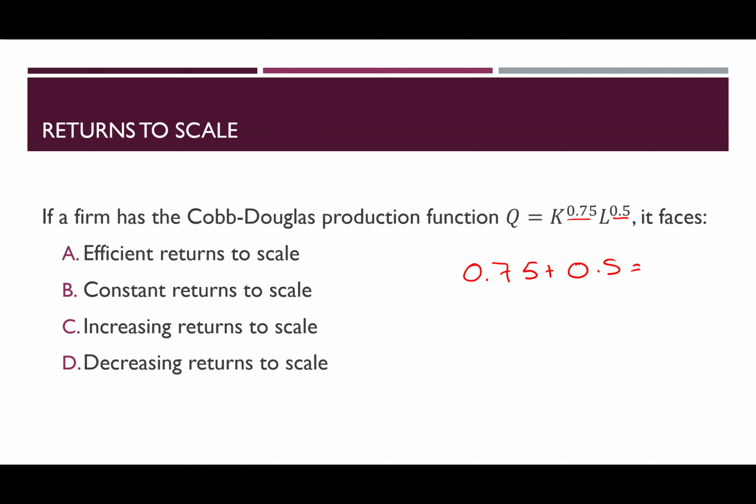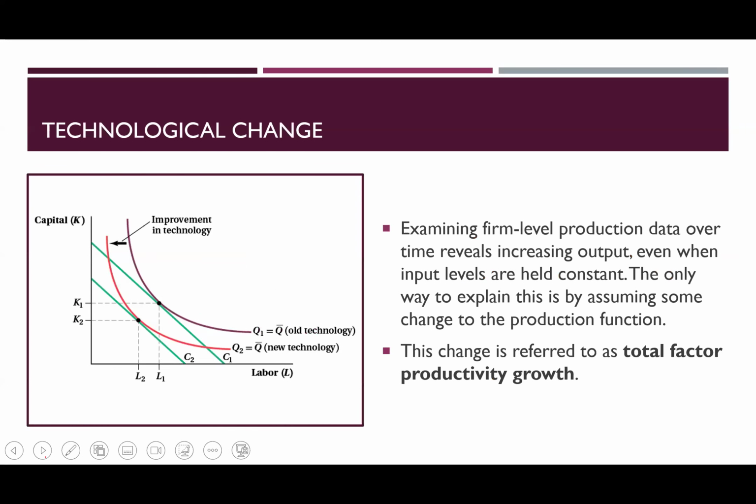So we have 3/4 plus 1/2, right? That is going to give us 1.25, which exceeds 1. So that means that this Cobb-Douglas production function has increasing returns to scale, and that is the case. So we're going to leave this here and move on to technological change in the next video.